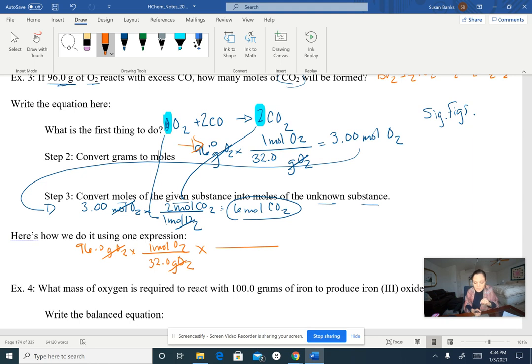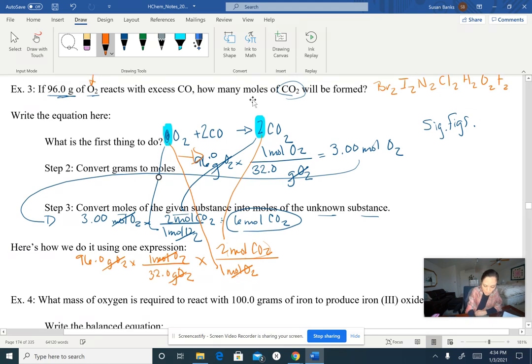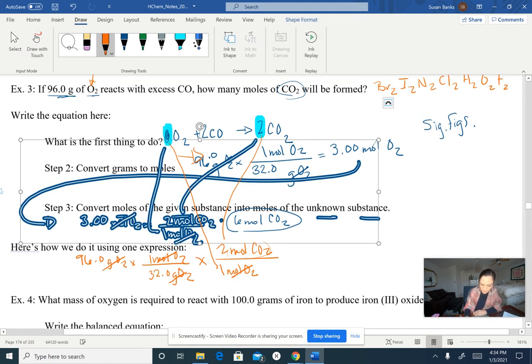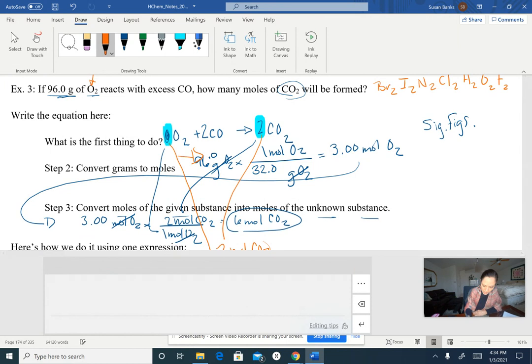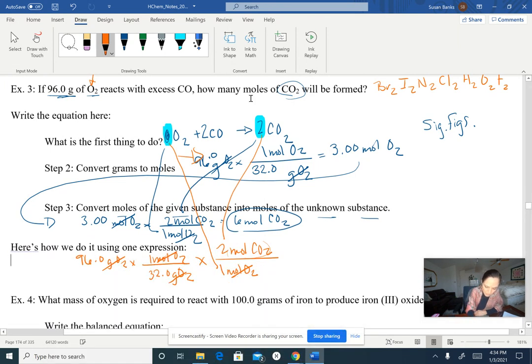I want moles of carbon dioxide. So I'm going to grab the coefficients from the equation. So I have 1 mole of oxygen. That will cancel out my moles of oxygen to 2 moles of carbon dioxide. So I'm left with moles of carbon dioxide, which is exactly what I was asking about. How many moles of carbon dioxide will be formed, right?